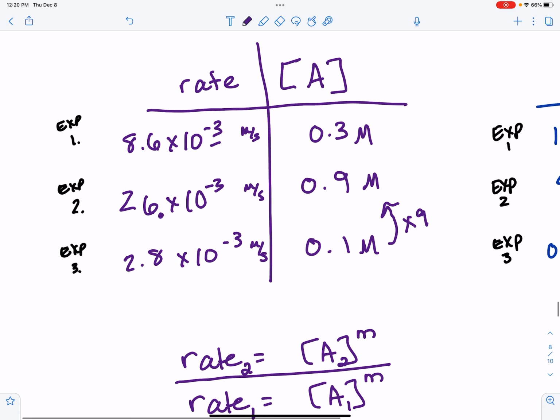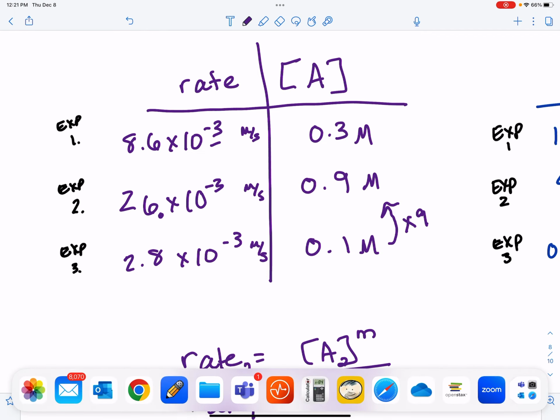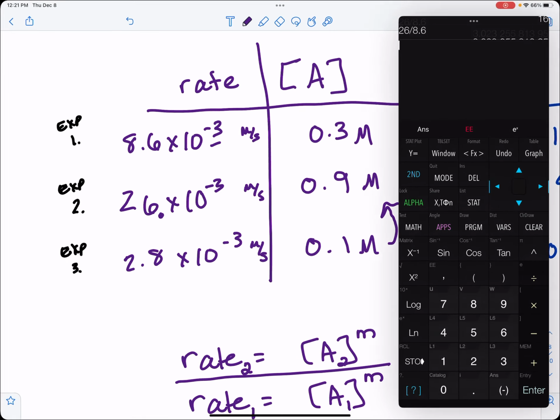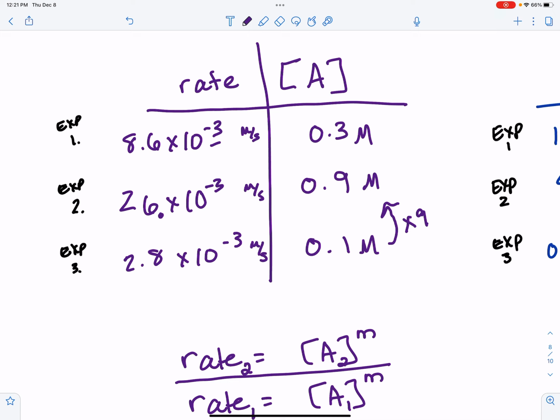And if you aren't completely sure with your calculator, you can check what the change is on the other side: 26 divided by 2.8 gives me like 9.3. Again, that's not the best. I would rather have had 9, but it's about 9. And so you can see that if they're changing the same, the exponent of A must be 1. So that's how you visually look at it.